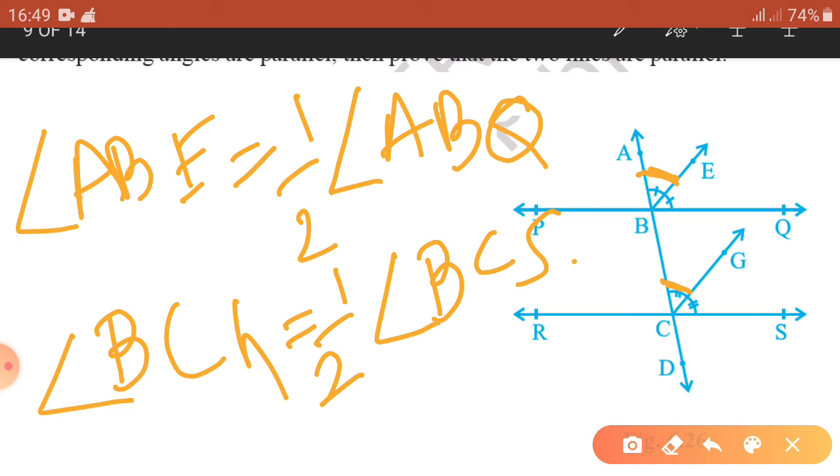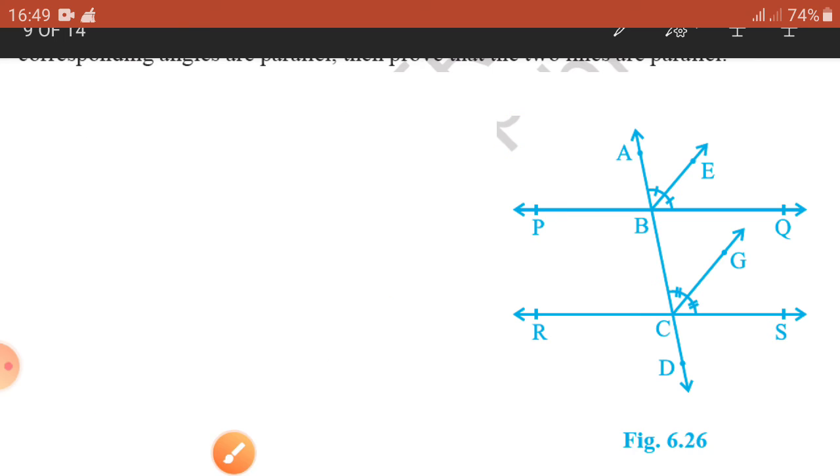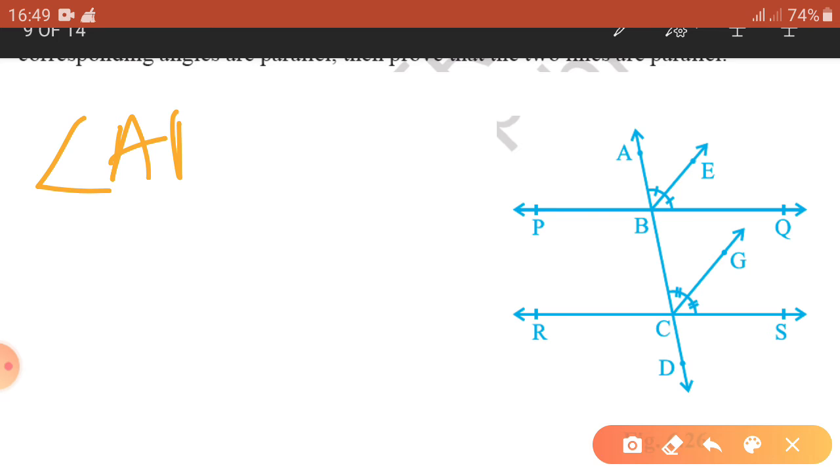So if we substitute the value of BCG and ABE, we got that angle ABE equal to angle BCG.